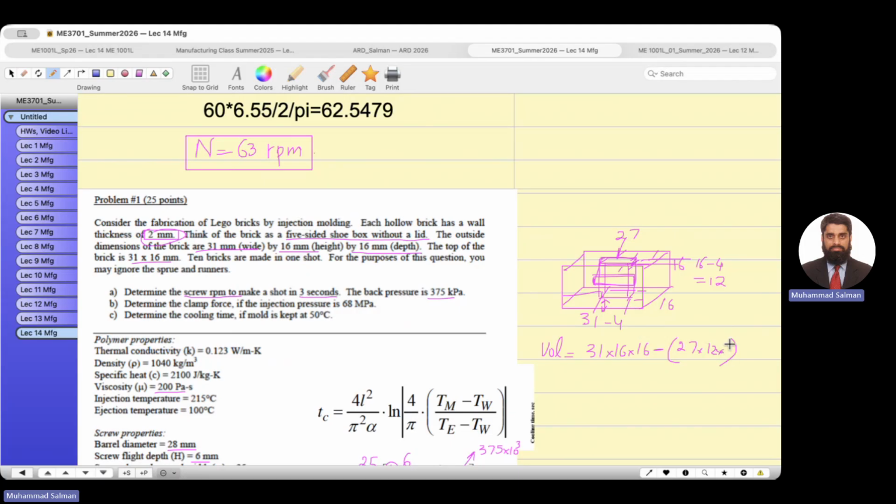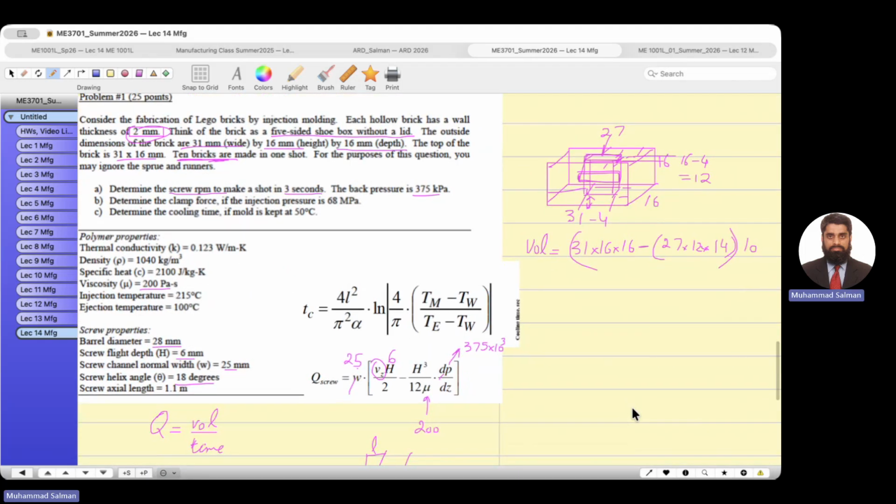You have to subtract 16 minus 2, so 14. And this is the volume of one brick. Now in one shot you are manufacturing 10 bricks. It is said over here, in one shot 10 bricks are made. So you have to multiply the total volume by 10.